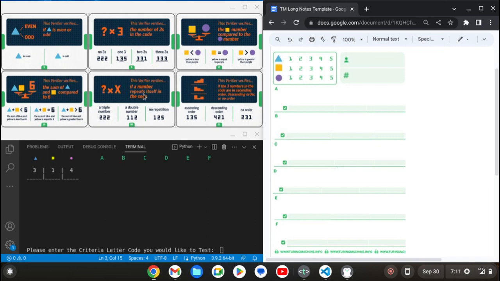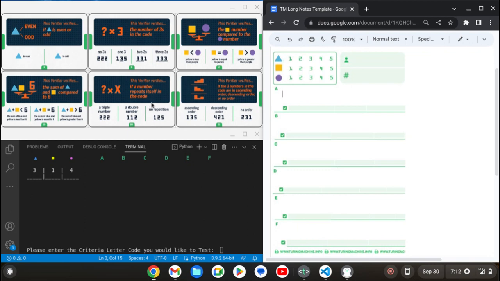Criteria card D will take a look at our first 2 digits, triangle and square, add them up, and compare the sum to the number 6. So should the sum be less than 6? Should it be equal to 6? Or should the sum be greater than 6? Criteria card E, again, will take a look at our 3-digit solution, but this time it'll let us know a little bit about its structure, so to speak.